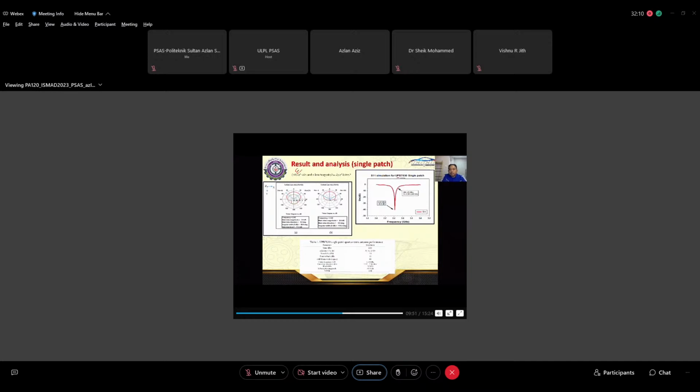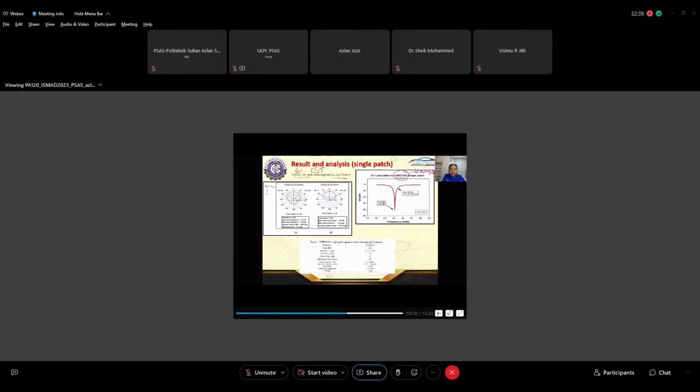This material is UPB 7030, a biocomposite material that has a dielectric constant of 3.05 and a loss tangent of 0.0082. These values are very important when you design using the CST software. You have to provide the material properties like the dielectric constant and the loss tangent.